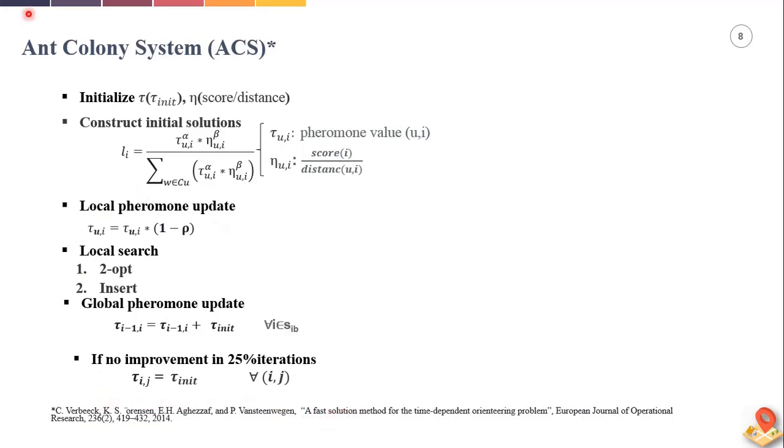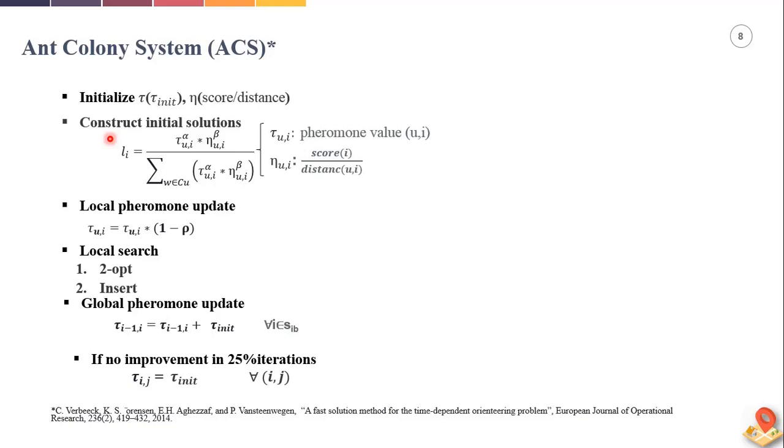In this algorithm, first, the pheromone value is adjusted by initial tau and the greedy information is calculated by a score to distance ratio. Then the initial routes are constructed. Construction of the initial routes starts with a route where the starting vertex is 1 and the ending vertex is n.